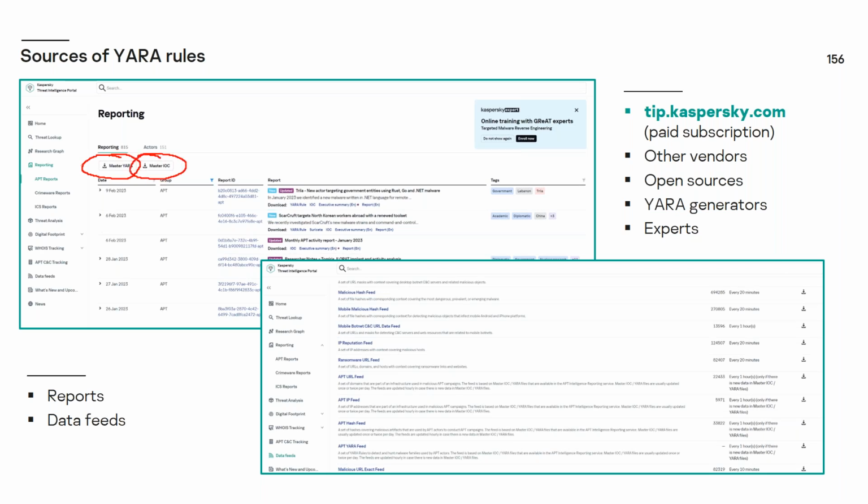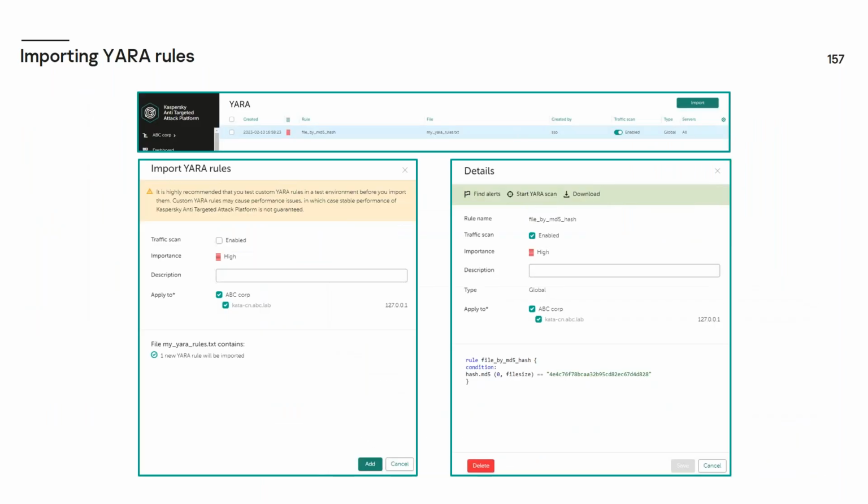So these are the most up-to-date, most comprehensive, most conclusive data that you will be able to get relating to advanced persistent threats, based on Kaspersky's own expertise and own investigations. So this information you can download and you can import into your KATA platform locally if you'd like to. But it's important to understand that you can obviously import information from a third party as well.